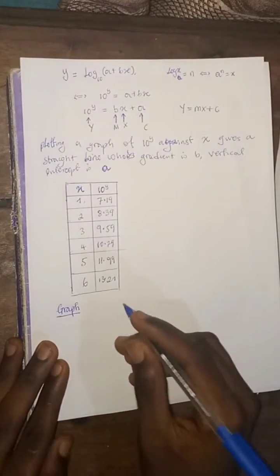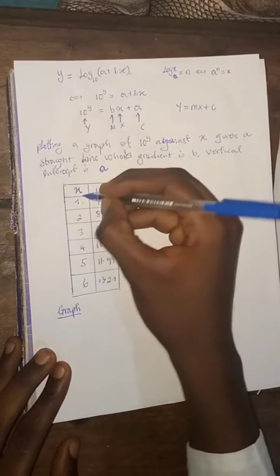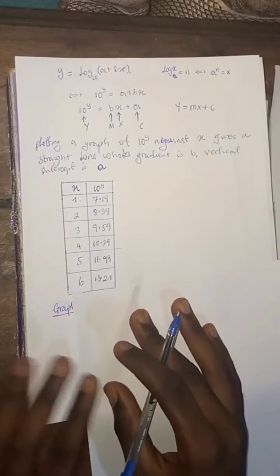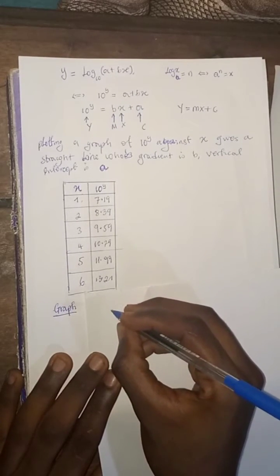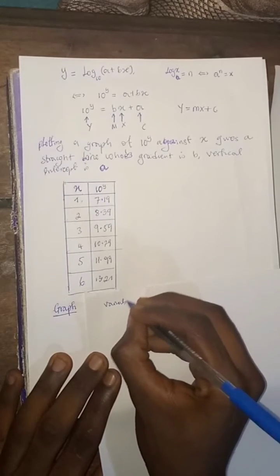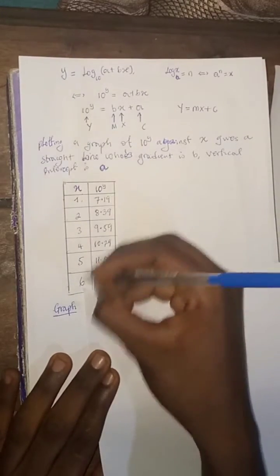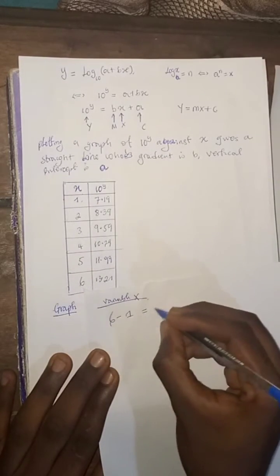In choosing a scale, there is a guiding principle. You take the highest value minus the lowest value. So I'm going to show you here on my rough worksheets. For the variable x, let's choose a scale. I'll take the highest value minus the lowest value, which is 5.